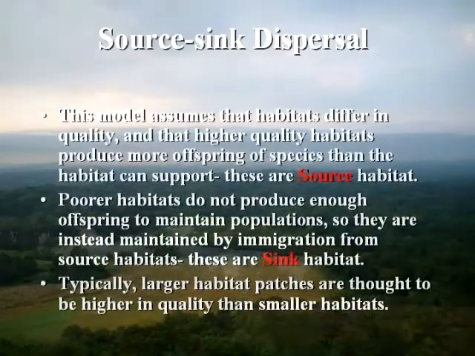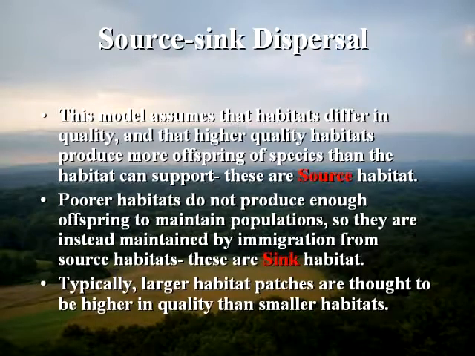So what I'm getting at here is this model of plant and animal dispersal referred to as the source-sink model. And what this model assumes is that the habitats that these organisms live in differ in quality, and that higher quality habitats are likely to be what are referred to as source habitats, because the organisms that live within them are capable of producing a surplus of young every year.